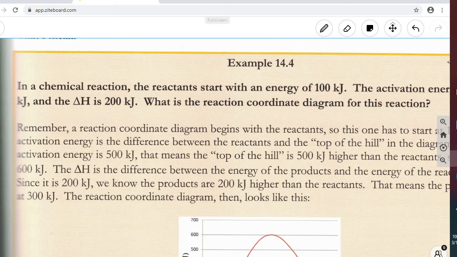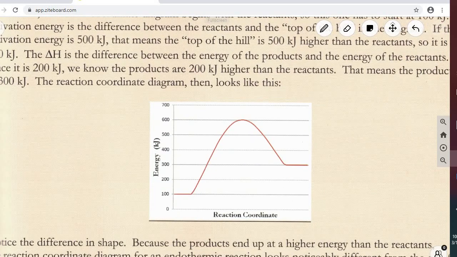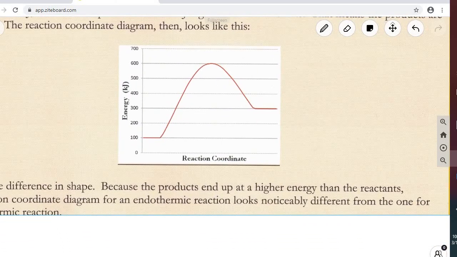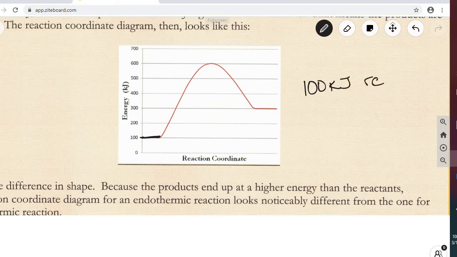Okay, so here we'll just look at the figure. This would be the amount of energy in the reactants. So 100 kilojoules is the energy of the reactants. And then in order to get this chemical reaction going, we have to kick in some energy.